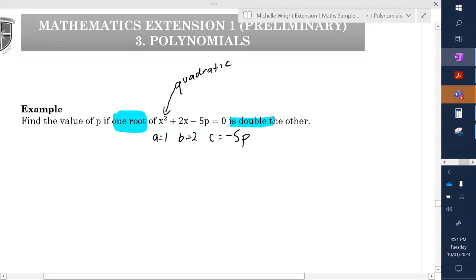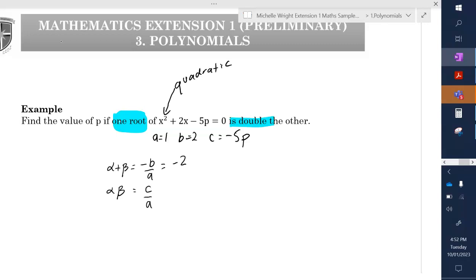We also need to think, what do we know about our roots when we're talking about quadratics? We know that we have the sum of the roots and the product of the roots. We know that by definition. So we know that the sum of the roots are minus b on a, which is equal to minus 2 on 1. I'm just going to leave it as minus 2. And we know that the product of our roots are c over a, which is minus 5p over 1.